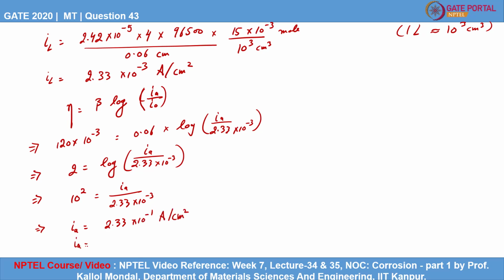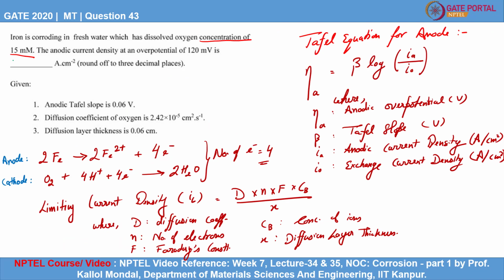So IA is 0.233 ampere per centimeter square. So that is your correct answer. Your correct answer is 0.233 ampere per centimeter square.